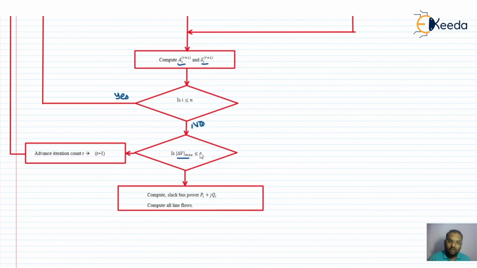If it is less than or equal to this specified value epsilon, then you can increase your iteration count, and you can again repeat the process for the PQ bus and then for the PV bus. If this condition is violated, if it is no, then we need not go for the next iteration. Directly we will compute the power for the slack bus and we will compute all the line flows. So thank you very much.